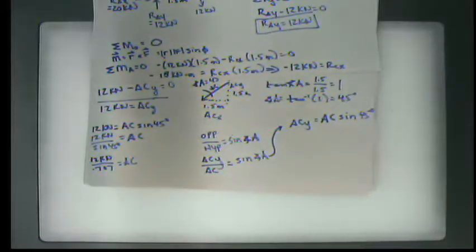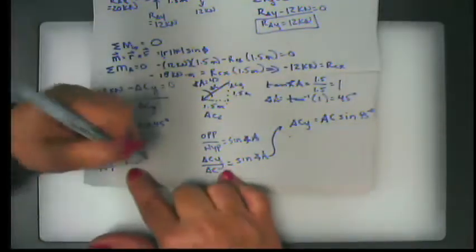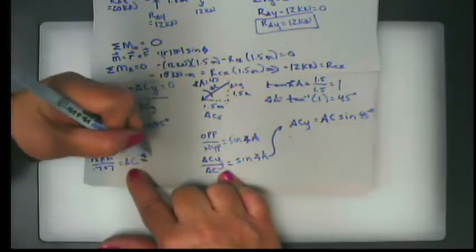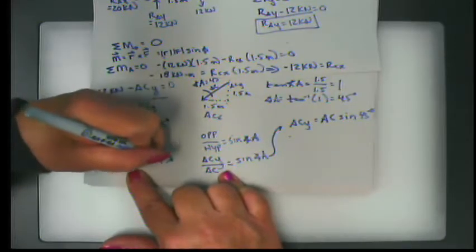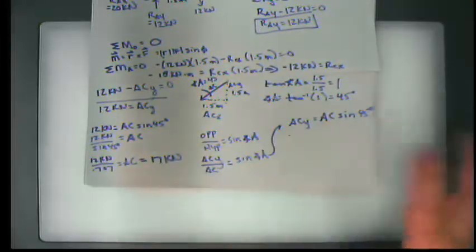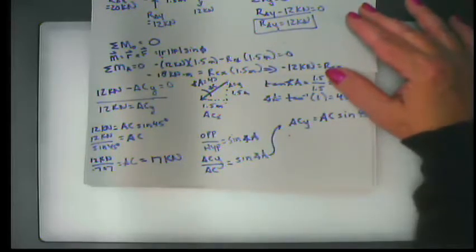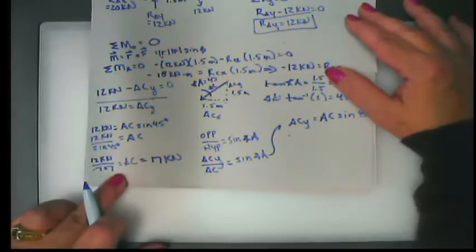And 12 divided by 0.707 is equal to 16.97. So let's just say very close to 17 kilonewtons. It's 16.97, but I rounded to 0.707, and as you know, those are all irrational numbers. Okay?